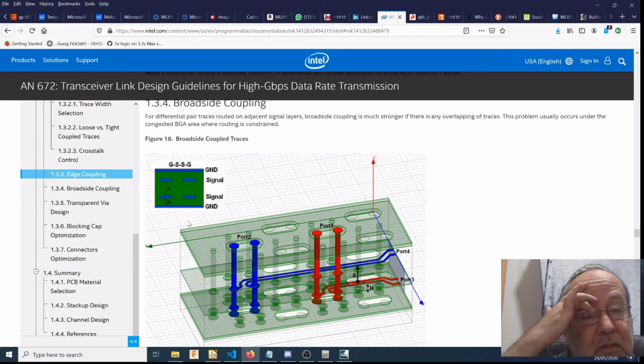Which means one can look at the stack up. I have not done it, but I'm saying one mitigation is to reduce H, this H over here, and to make it closer.